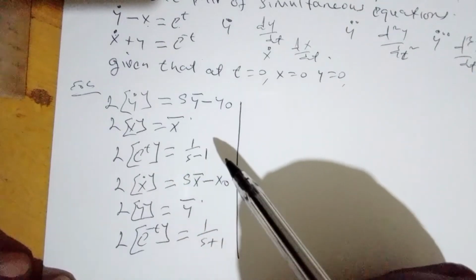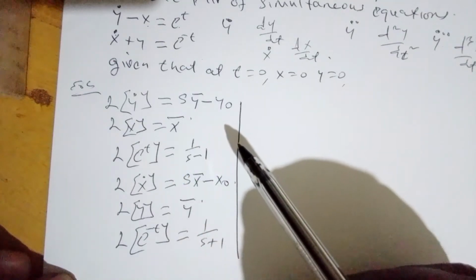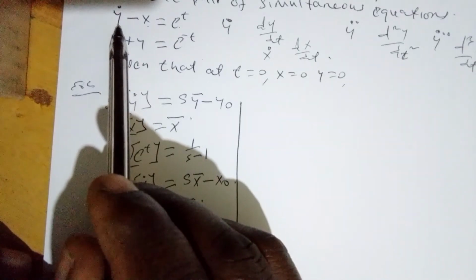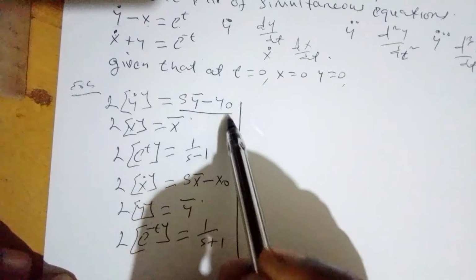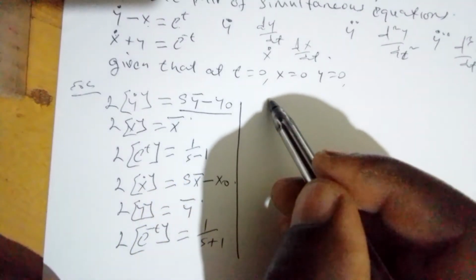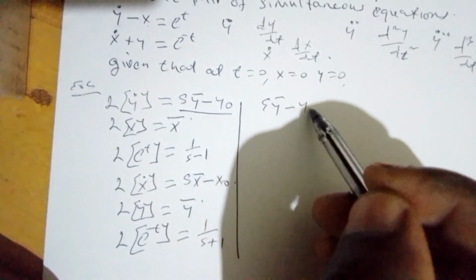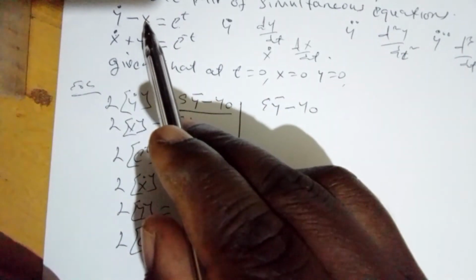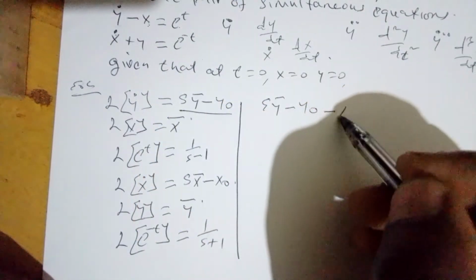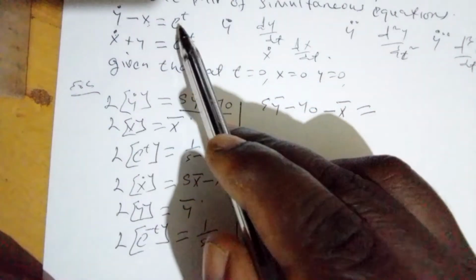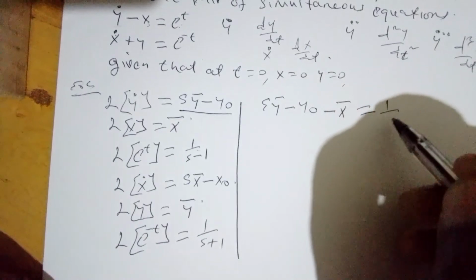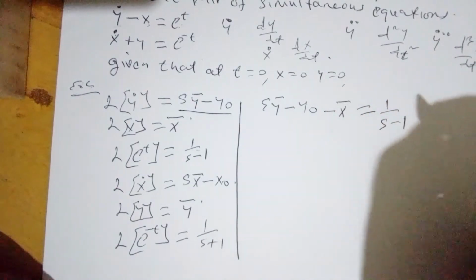Now we can rewrite the equations in Laplace transform. So we have y dot, we replace with s y bar minus y naught. Then the Laplace transform of x is x bar, so minus x bar equals the Laplace transform of exponent t, which is 1 over s minus 1.